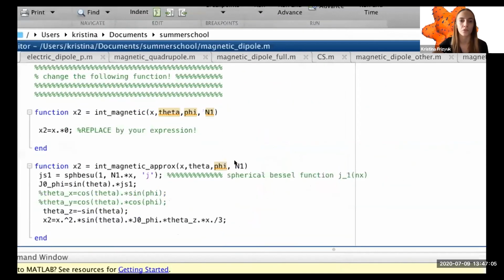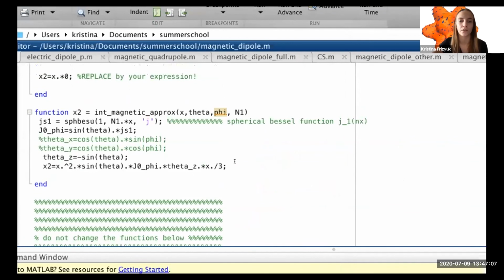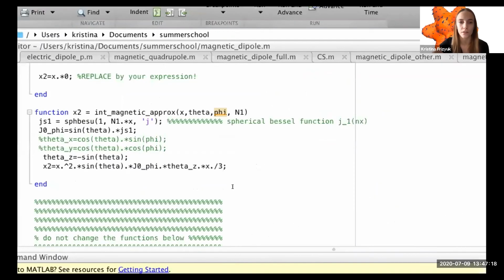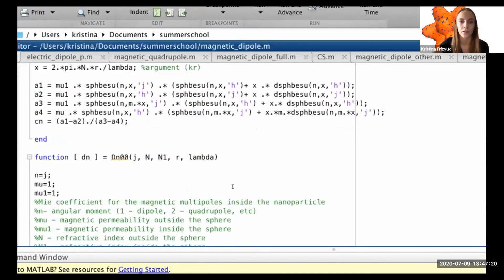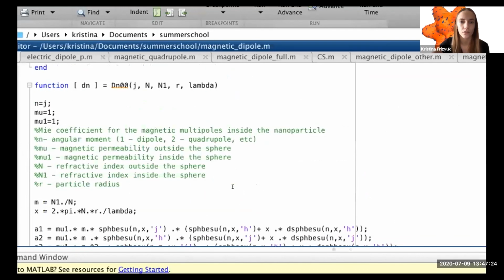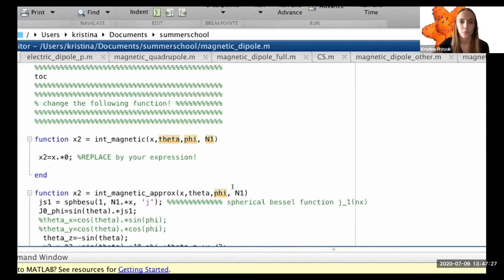So you need to substitute the given current into this equation, and this is done by this function.